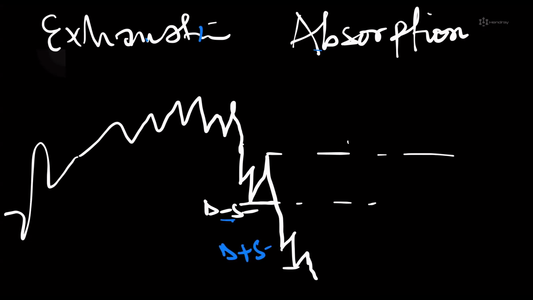So a new day opens, and what that new day gives is, let's say, D minus S plus. A new day opened, and it gives us D minus S plus. What did you notice here?